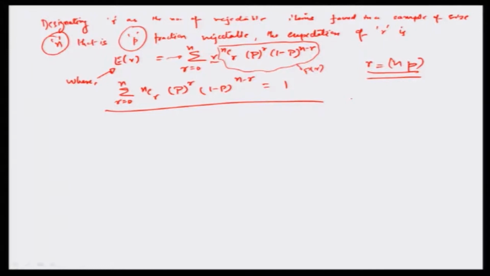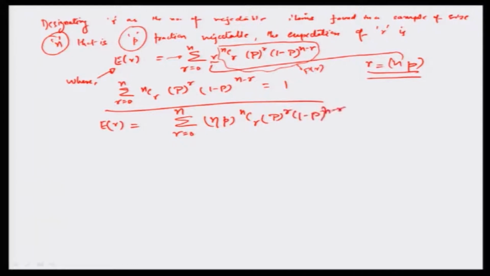So if I substitute this value of np in this expression, the expectation of r is written as sigma r varying between 0 and n, np, and these are constants, nCr p to the power of r (1 minus p) to the power of n minus r.